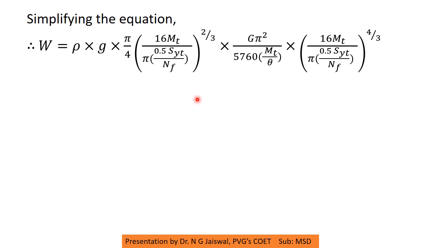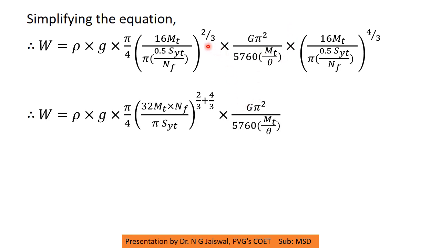So after simplification, you get rho G, this thing was D square and this was the L. So this bracketed term and this bracketed term, the term is same because this was D square, and this is d raised to power 4.